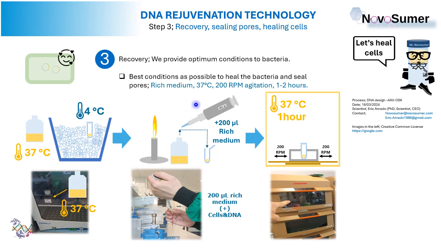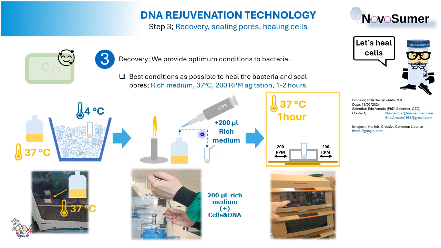Okay, what do we need for mixing it? We need a sterile environment thanks to the flame, and we need to transfer the medium to the cells with the DNA inside. We use a pipette for this purpose. The only thing that we do is transfer 200 microliters of rich medium.